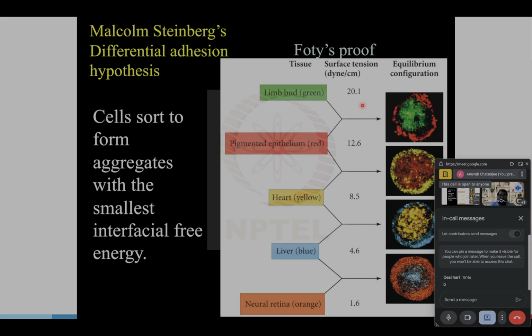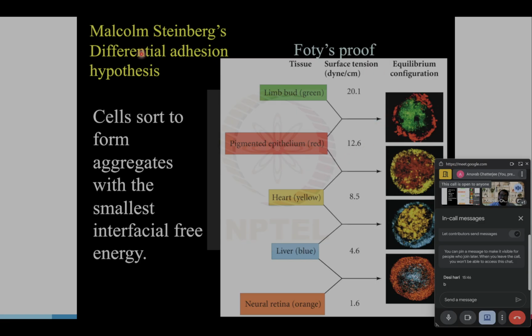So a type of cell such as the limb bud shown in green has a higher surface tension compared to the red cells here, and that is why the limb cells will go inside while the red cells stay outside. So the higher the surface tension, the more the tendency to be towards the center of the entire structure. Any cell type with a higher surface tension will always go to the center, while the other, of a lower surface tension, will stay on the outside.